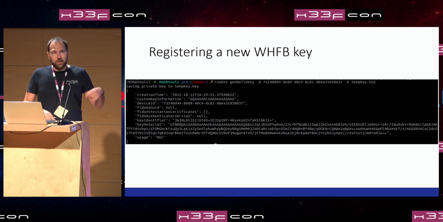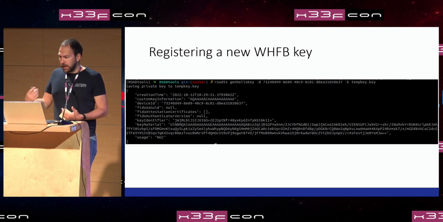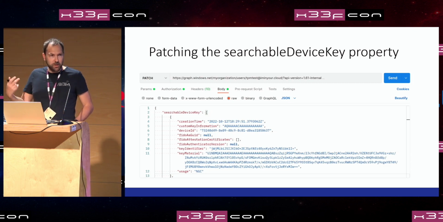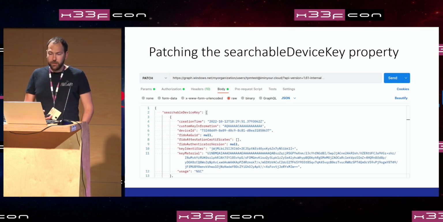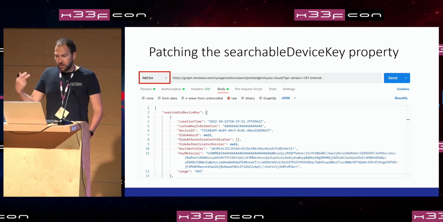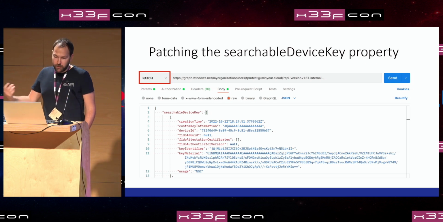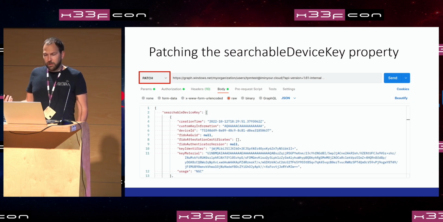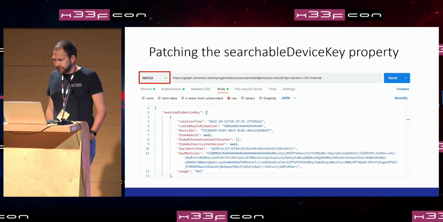It will just print the JSON that you need to add. Then with a simple HTTP PATCH request, so we turned the GET into a PATCH, we're just inserting a new RSA public key in this list of Windows Hello for Business keys, and then we can also authenticate as the user using multi-factor authentication credentials.